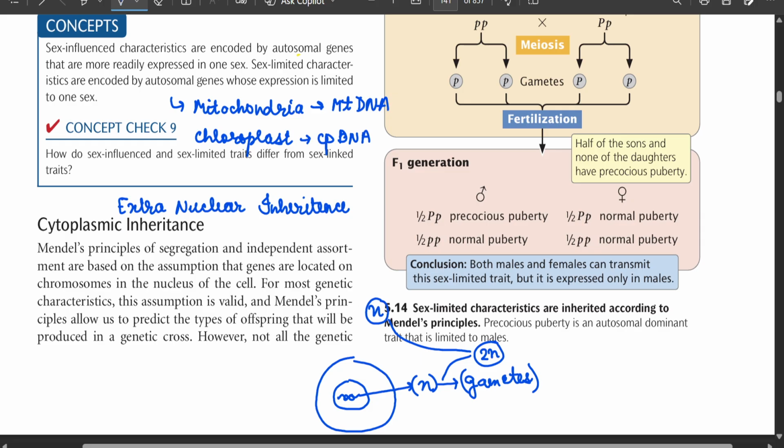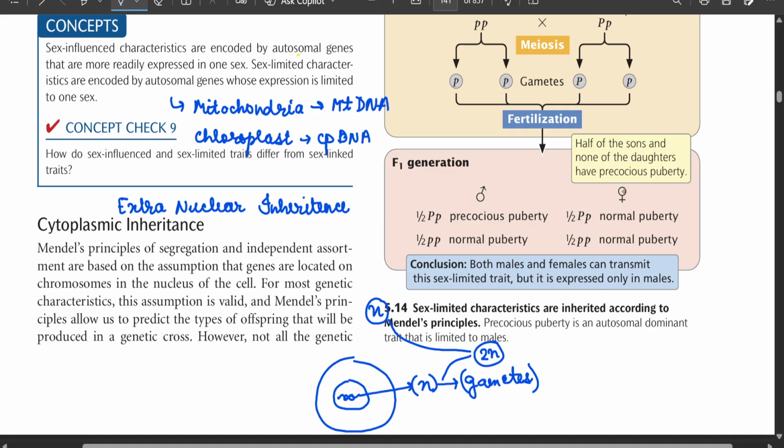Why are we using the term cytoplasmic? Because the mitochondrial DNA and the chloroplast DNA are located inside the cytoplasm, in the organelles including mitochondria and chloroplast. Now there is one very important process here which follows.